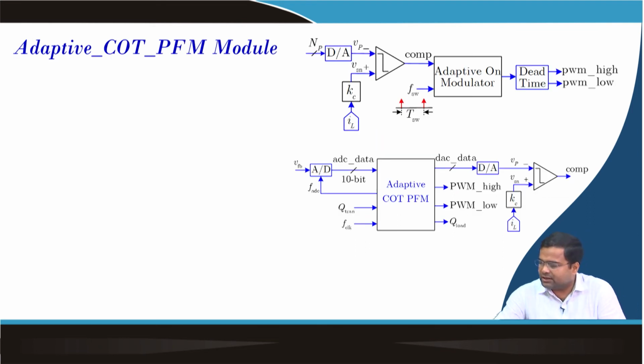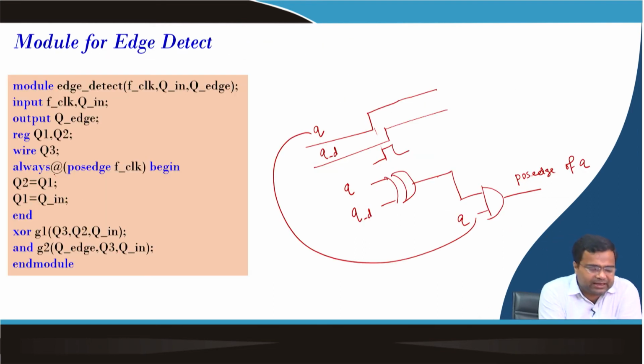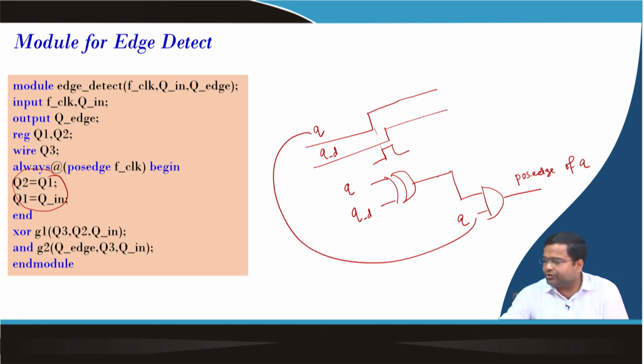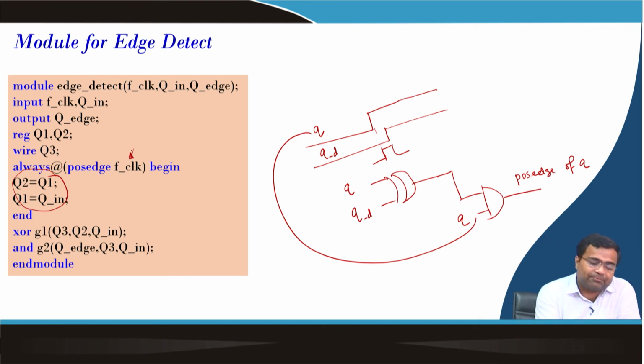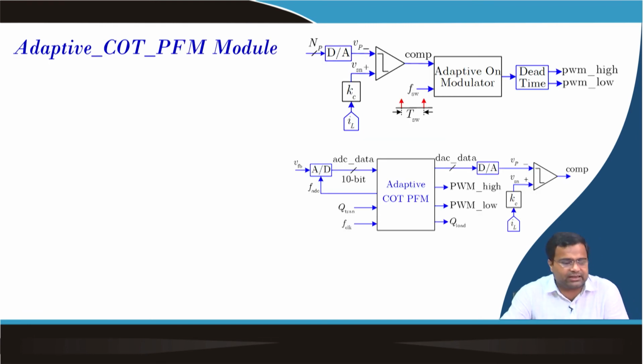So this is the circuit, and here we are making 2 unit delay because there is a blocking statement, 2 unit delay, because it depends on the F clock, which is a high frequency clock, 10 nanosecond. So we are making a 20 nanosecond delay.